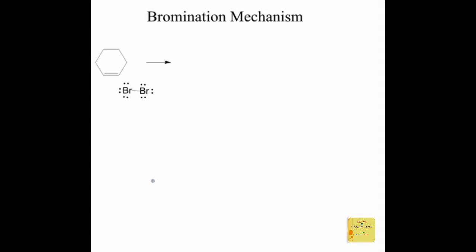The bromination mechanism starts with our two ingredients. We have an alkene and we have bromine. And what we can imagine happening is the alkene acting as a nucleophile, the bromine acting as an electrophile, and so you could have the double bond attack the bromine, attack one bromine and kick the other bromine off. Now let's see what that would give us.